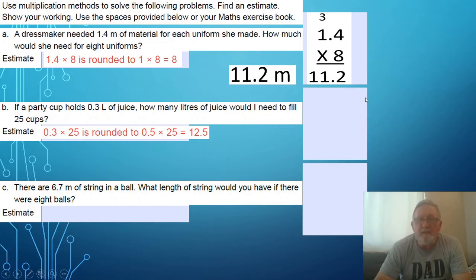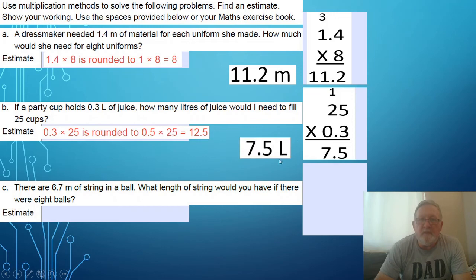But I think that answer is going to be quite different to the real answer, especially if you were to actually go out and buy this much for a party. If we look at how much it is, 3 5s are 15, put down the 5, carry the 1, 3 2s are 6 and 1 is 7, 7.5 litres is the actual calculation. Quite a lot different to our estimate.